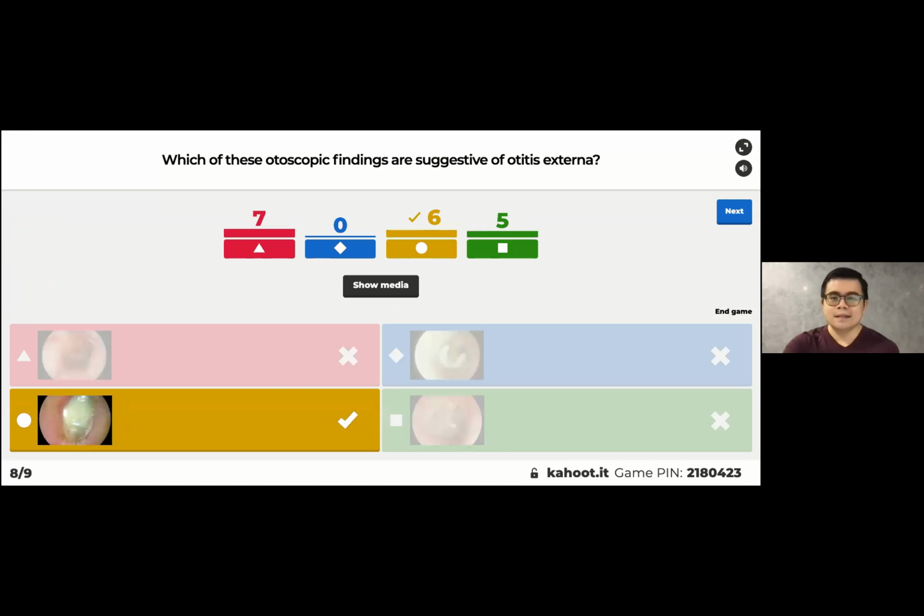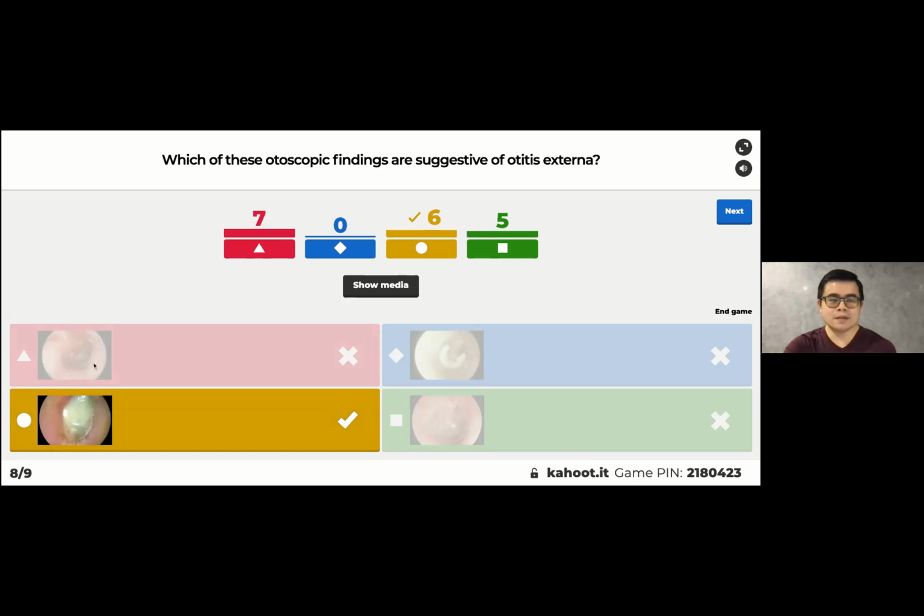All right. Yeah, it might be because it's a bit difficult to see on your screen, but basically this just shows that there is a lot of pus in the ear canal, so it can be because of infection. And this one, I'm trying to show a perforated eardrum.